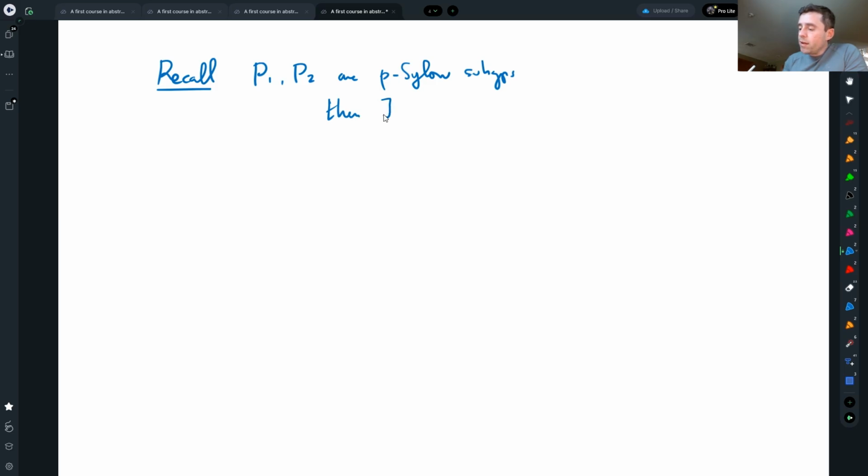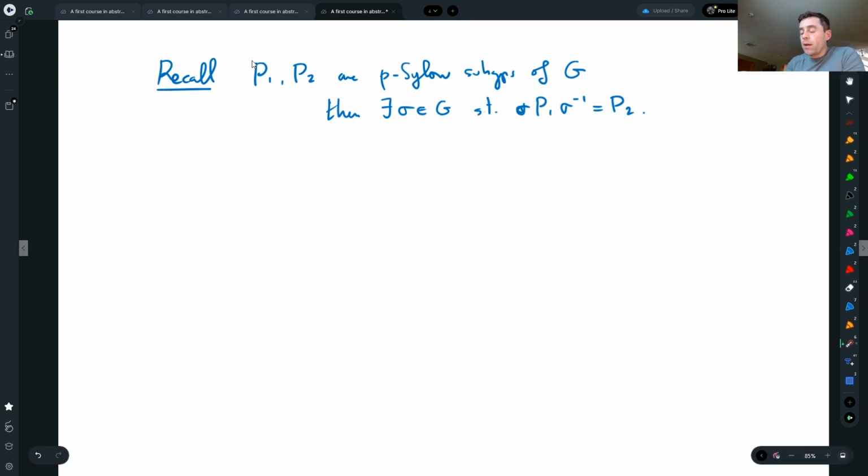So if these are subgroups of G, then there is some sigma in G such that sigma P1 sigma inverse is P2. They're conjugates.